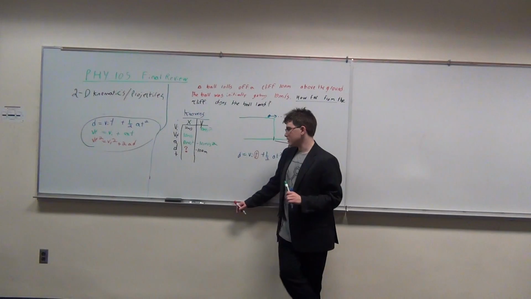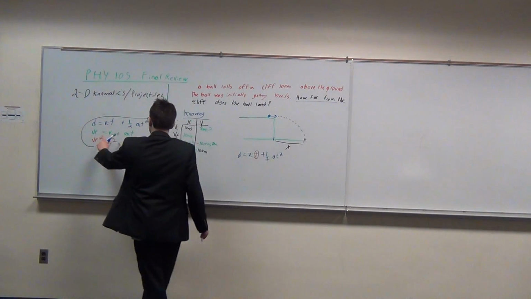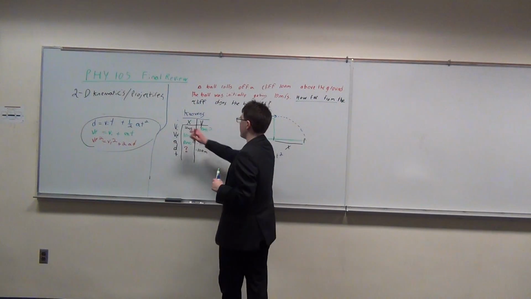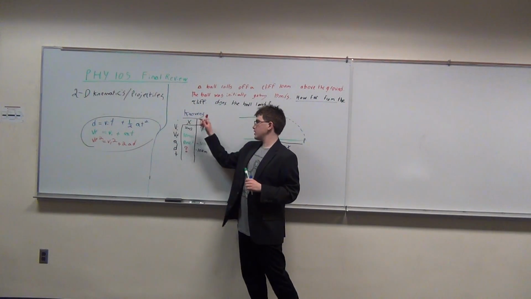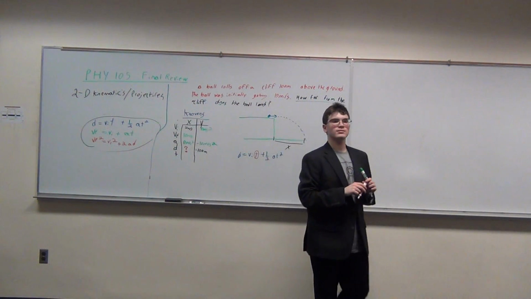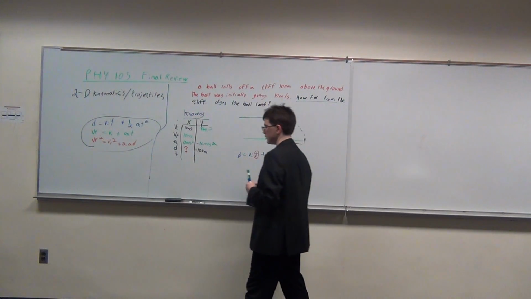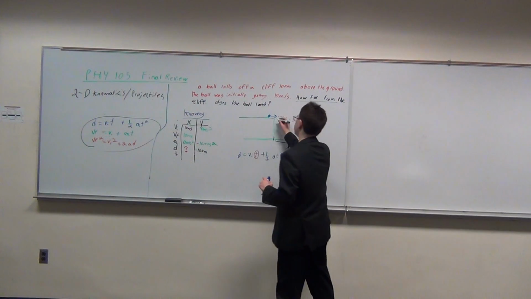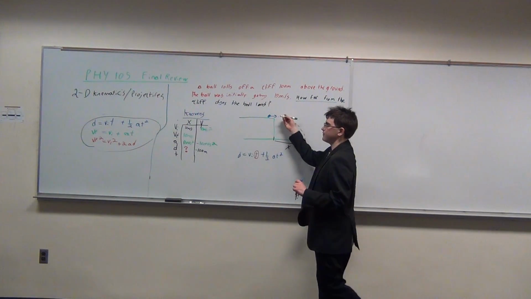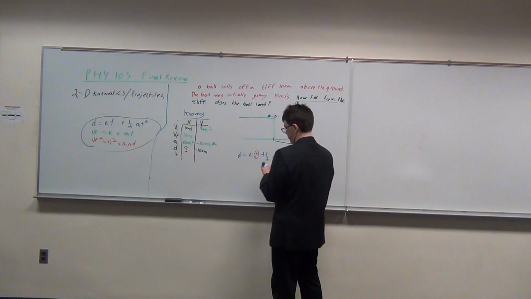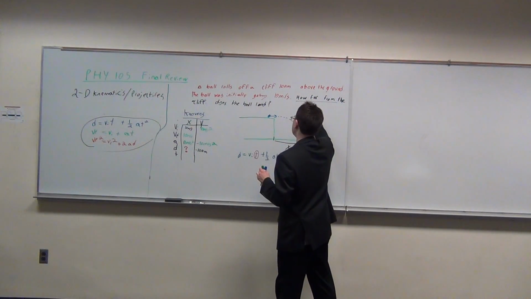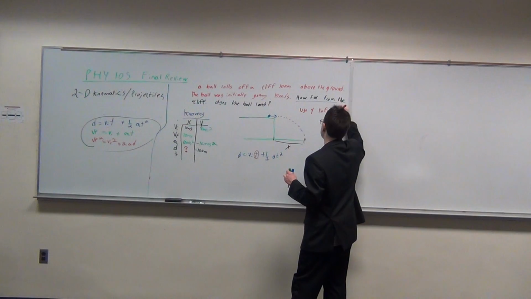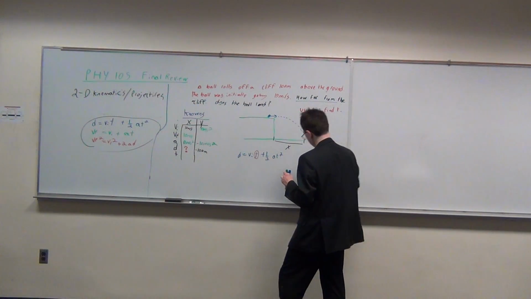Green. Okay. So, will we use the x coordinates to find time or y? We will need to use y. So we do need to use the y coordinates to find time. So in a cliff problem, you will use y to find time.